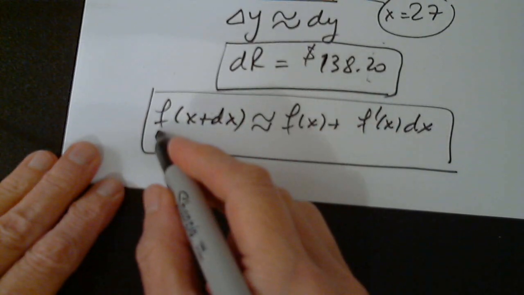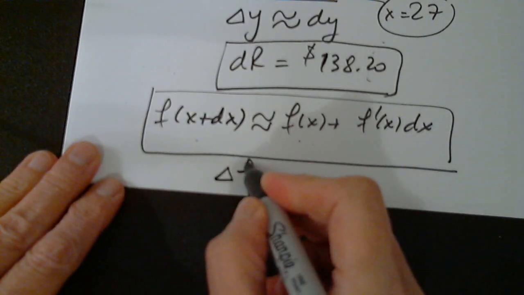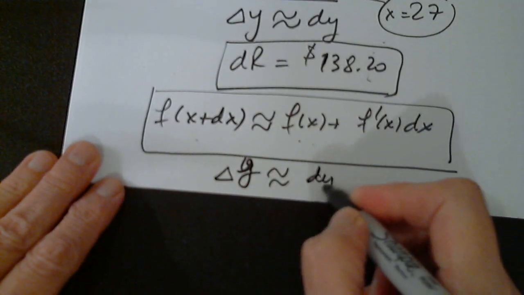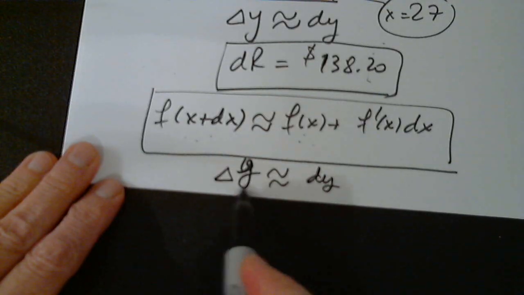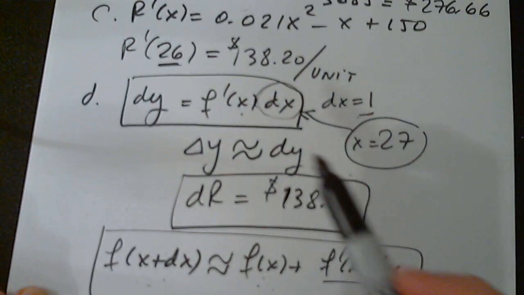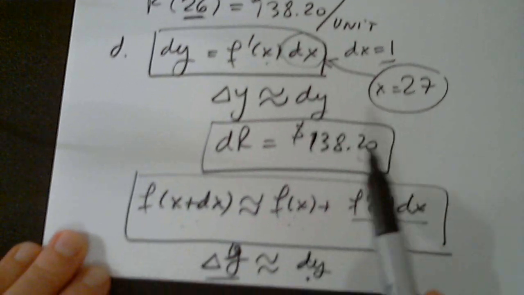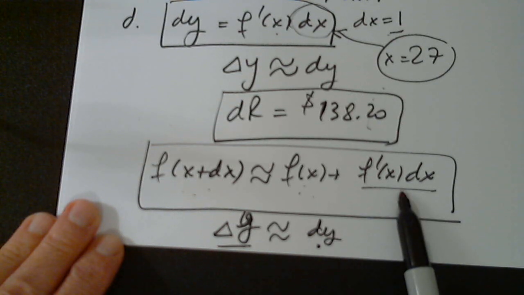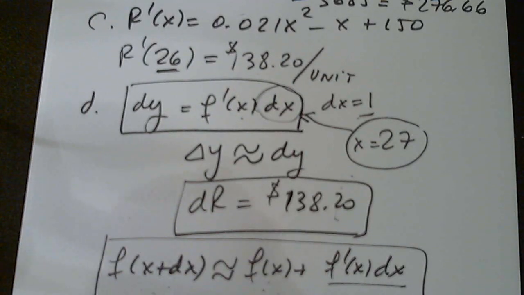But this is the delta y, or delta f, which is approximately dy. This difference is here, and this is this. They're saying just estimate. They're not saying to add these two.